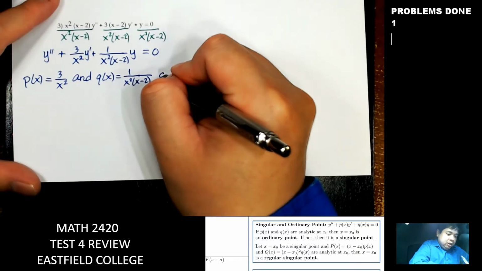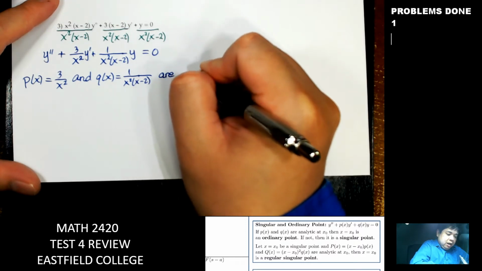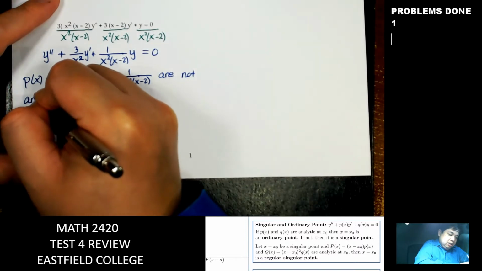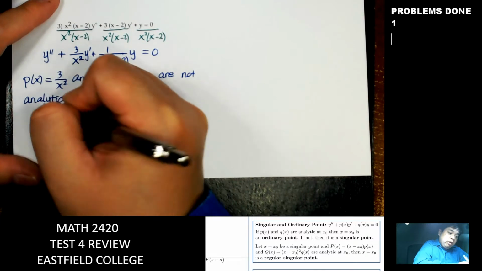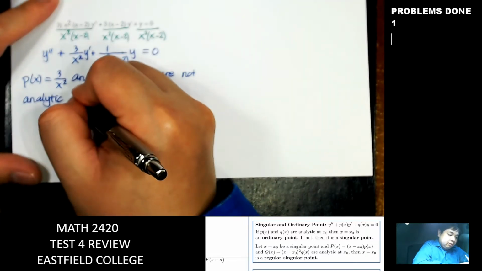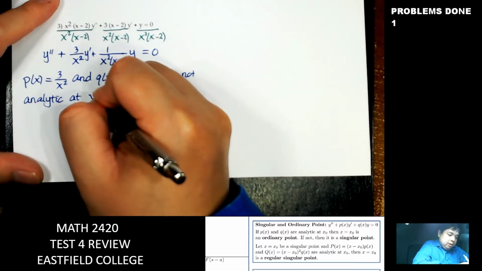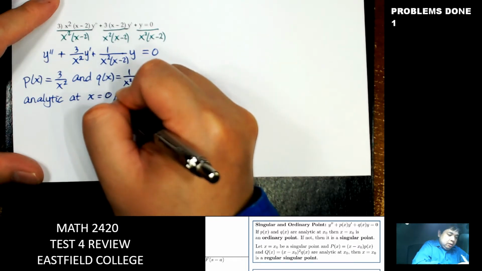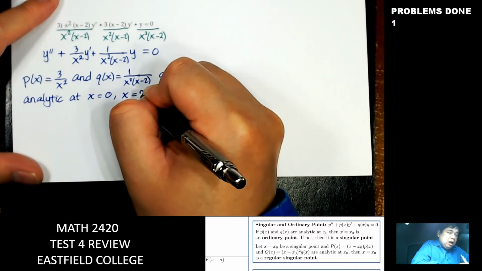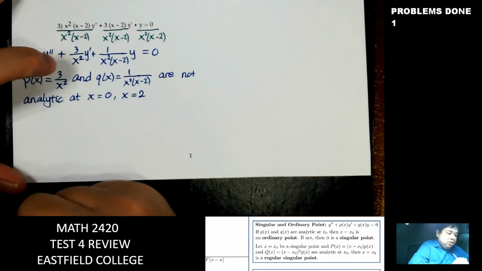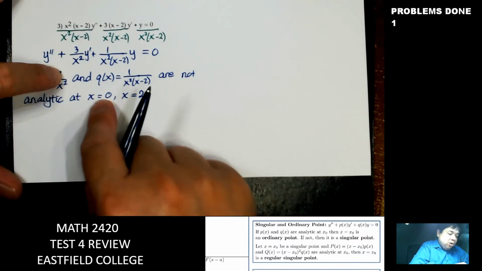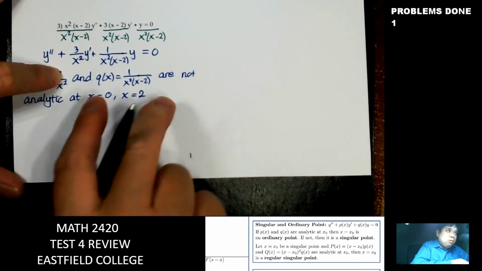So we say they are not analytic, I mean both of them. It's not a perfect way to write this because this one is not analytic at 0 and this one is not analytic at both of them.